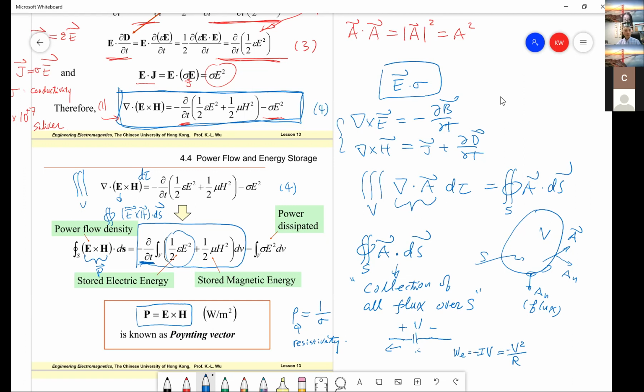When we put a minus sign, that means delivered energy. Delivered energy minus energy consumed by the resistance equals the total energy going out of the surface. This is basically the energy conservation law for the electromagnetic field.